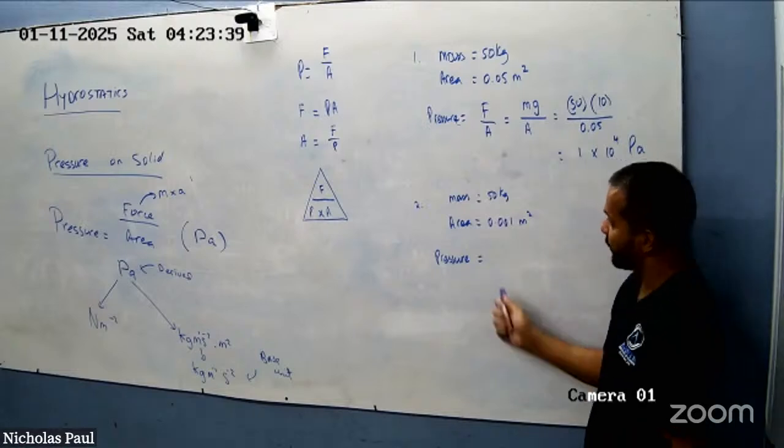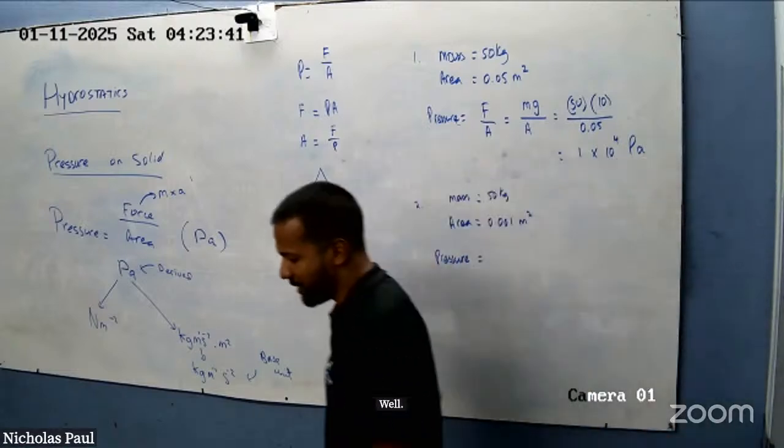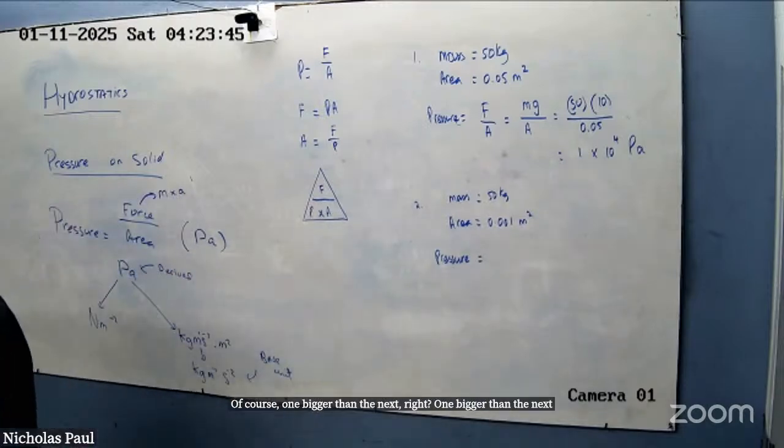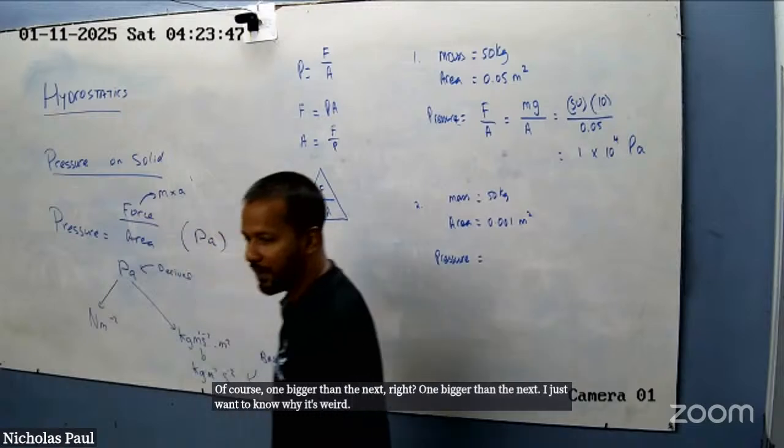Look at the pressure here, and of course, one is bigger than the next, right? One is bigger than the next. So I just want to know why. Why is one bigger than the next?